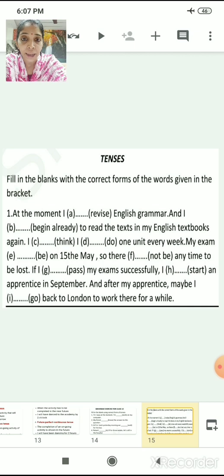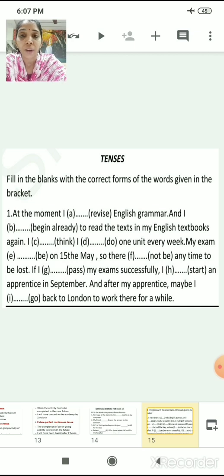So, there is not any time to be lost. If I pass my exams successfully, I will start an apprenticeship in September. And after my apprenticeship, maybe I will go back to London to work there for a while.